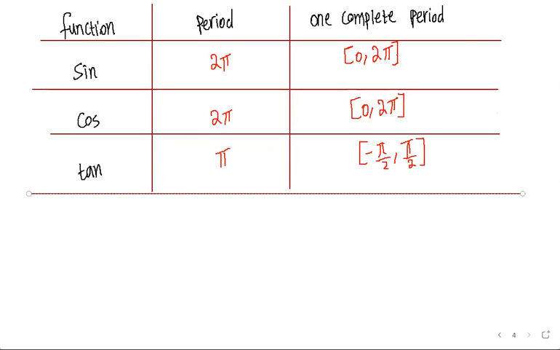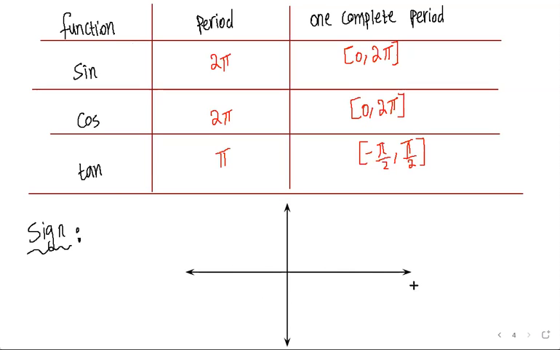Also, the last thing that is very important to know is the sign. What does that mean for the sign? I mean, if I have the fourth quadrant, all functions here are positive.